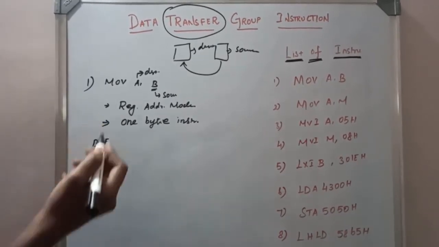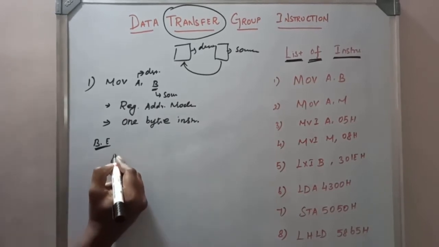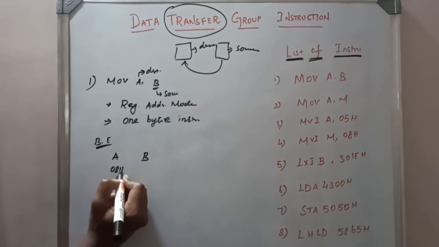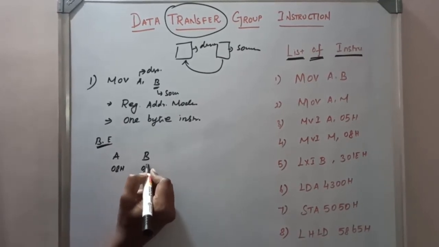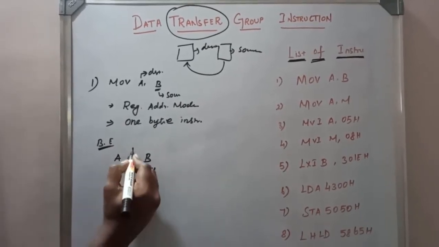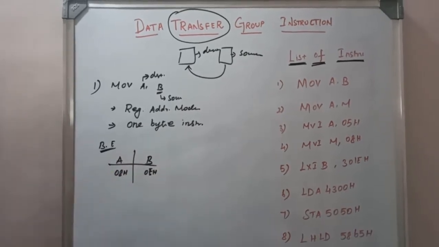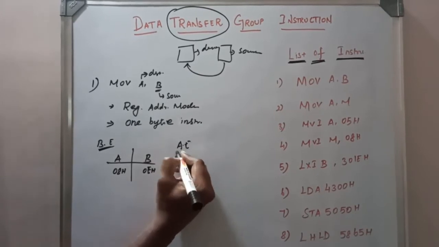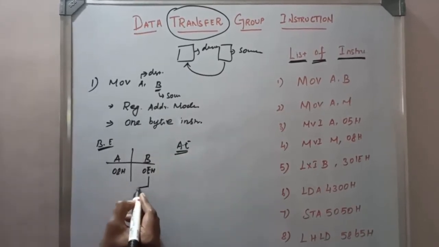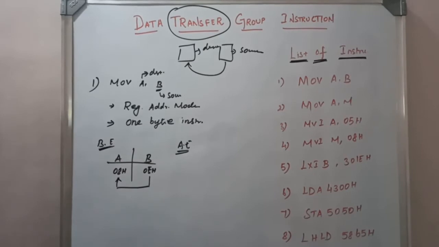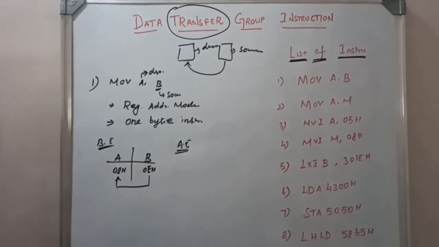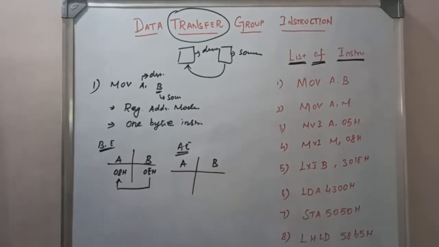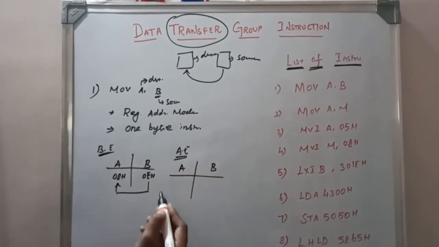Let us consider before execution of this instruction, what are the values stored in the A register and B register. A register value is 08H, B register value is 0EH. After execution of this instruction, the content is copied from B register to A register.